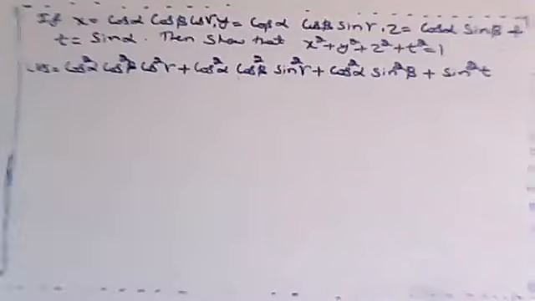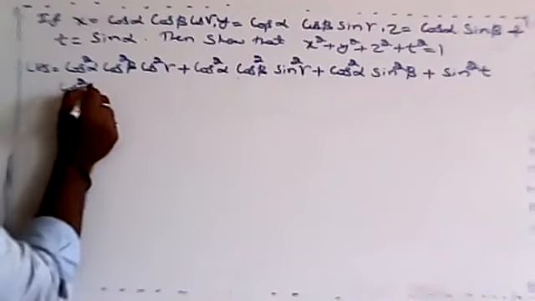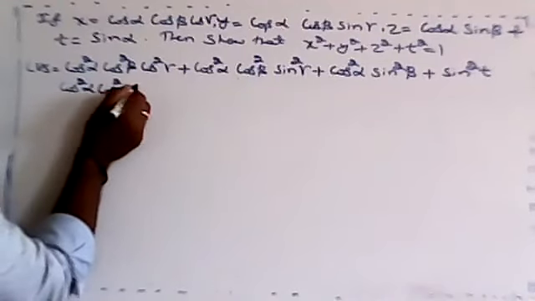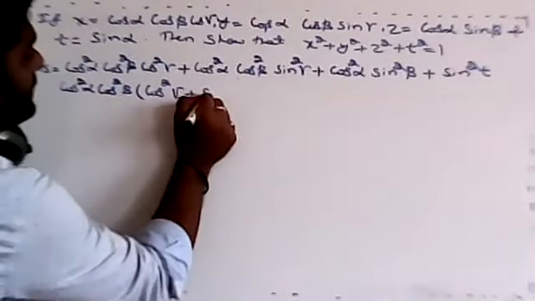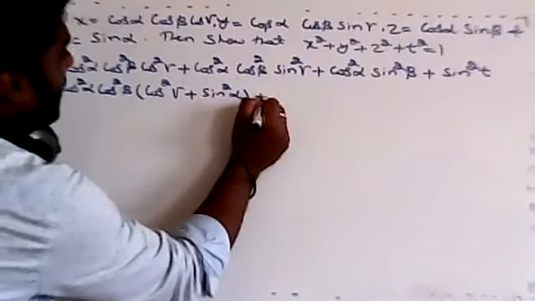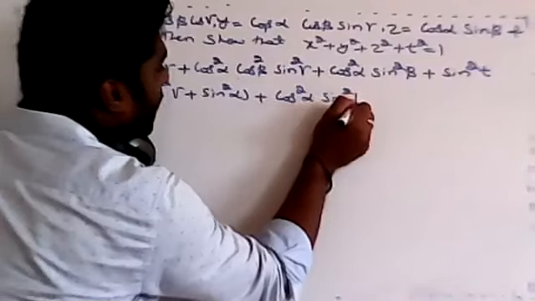Now tell me what I'm going to take common in this. Cos square alpha and cos square beta we have to take as common. Remaining is cos square of gamma plus sine square of gamma, and this one as it is we have to write, that is cos square alpha sine square beta plus sine square alpha.